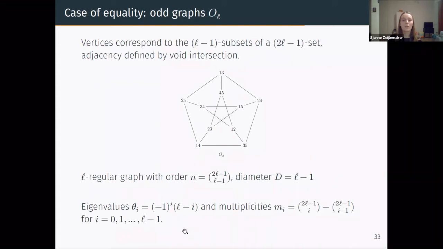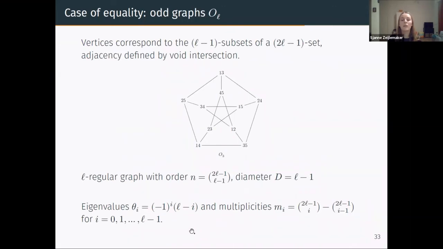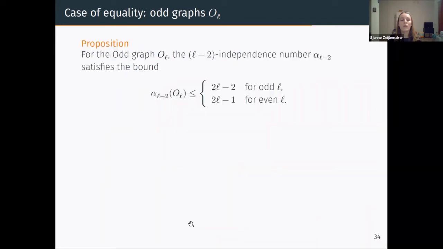So for this graph, we know the eigenvalues and the multiplicities. And if we look at our mixed integer program, we see that for the odd graph O_l, the l-2 independence number will be upper bounded by this. So this mixed integer program always gives l-2 for odd l and l-1 for even l.